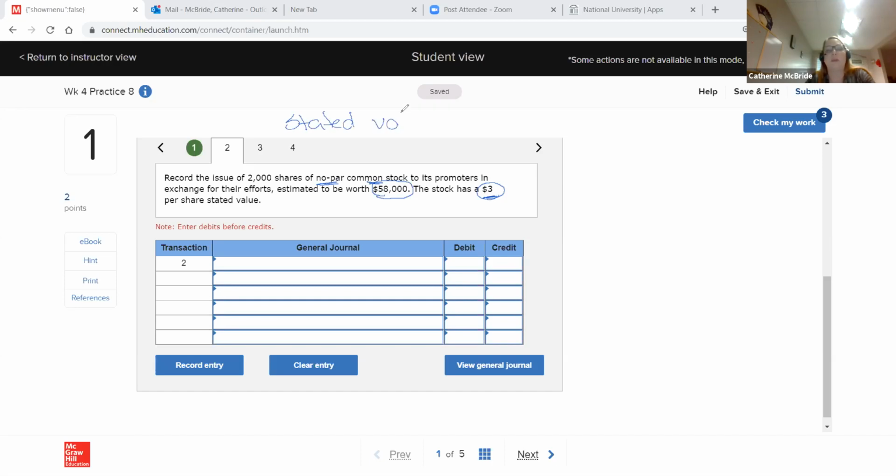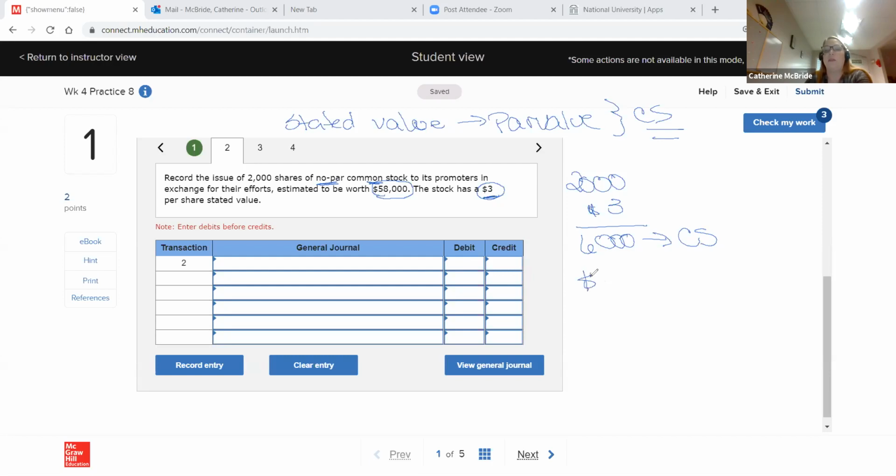Stated value is just like par value, and it goes into the common stock account. So if I have 2,000 shares at $3 stated value, I'm going to put $6,000 into the common stock account.